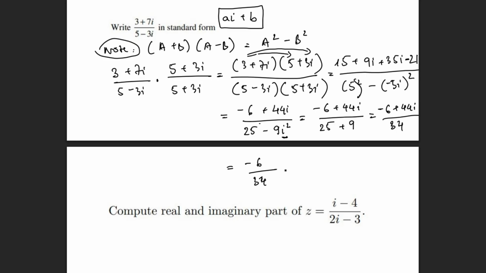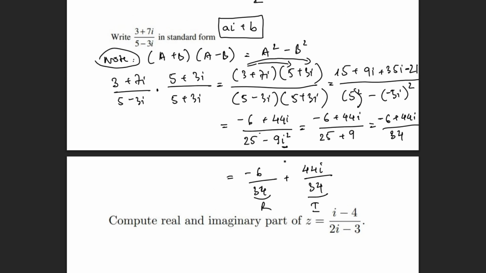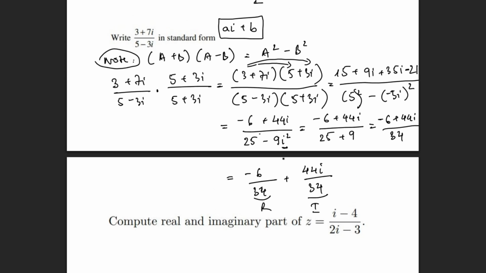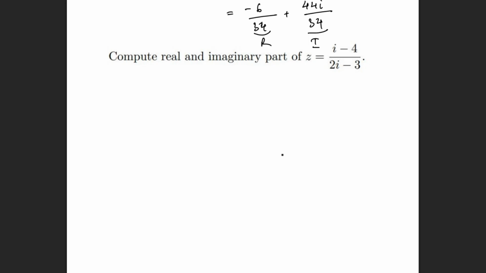We will break it down into two terms, plus 44i over 34. Okay, so this one is the real part and this one is the imaginary part, right? Okay, so we will go through the next one.